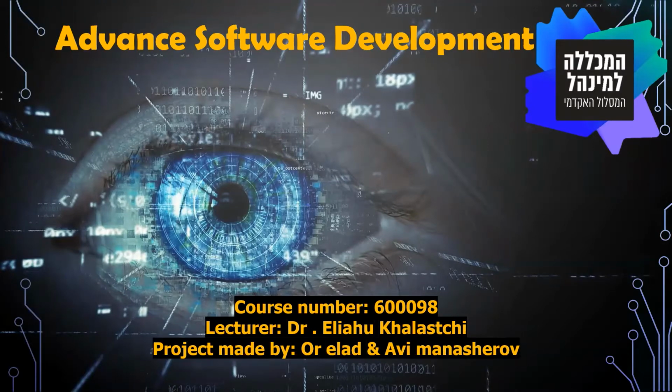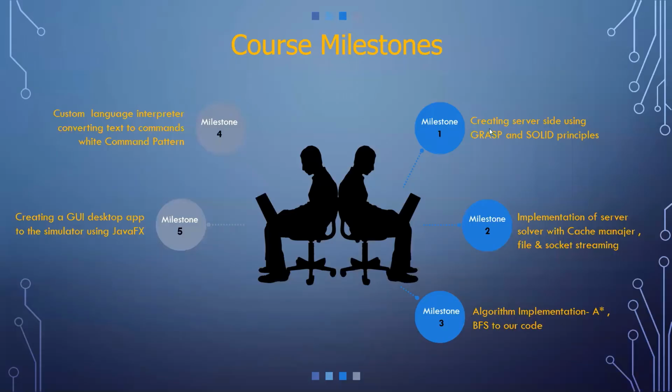So our project is combined from 5 milestones. Milestone number 1 is creating the server side using GRASP and SOLID principles. Milestone number 2 is implementation of a server solver with a cache manager file and socket streaming.